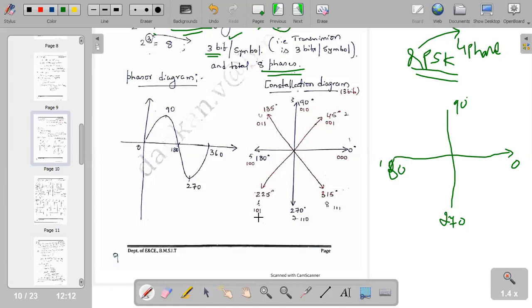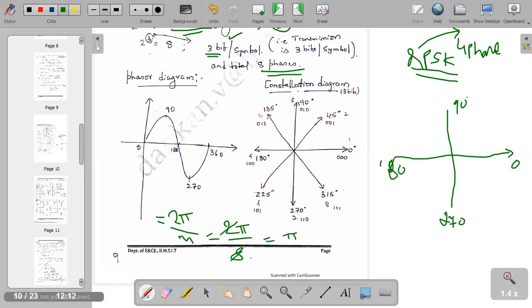Now observe how those 8 phase angles are calculated. The total phase shift is 2 pi divided by M, and M here is 8, so we get pi divided by 4. So there is a phase angle change between every 2 angles of 45 degrees.